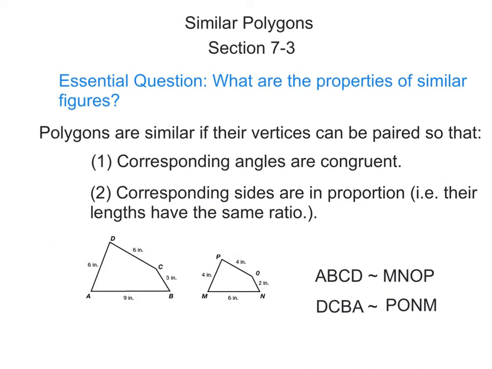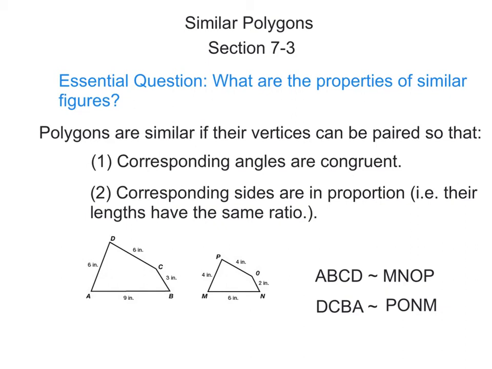I would have to identify the right polygon as PONM in this case. So the order that you have the letters makes a difference, okay? So depending on how you order the letters initially determines how you're going to order the letters for the similar figure.